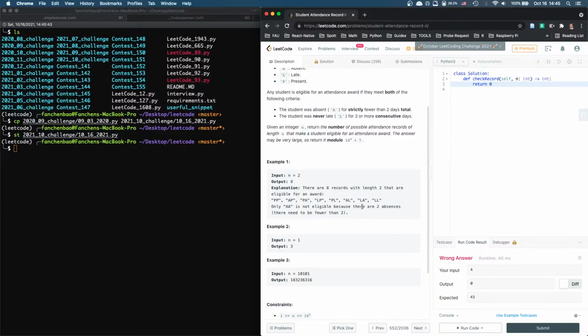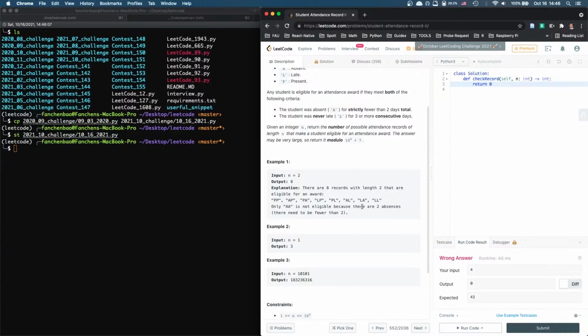So that's correct. So for the 3 scenario, we can write all 19. That's actually fine. So we say PPP, right? That's that. And then we say no A but L. So we have no A but L, so we have P, right?